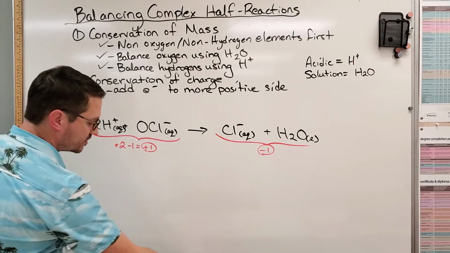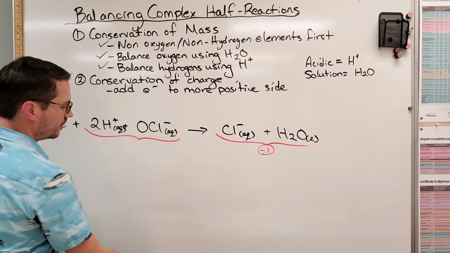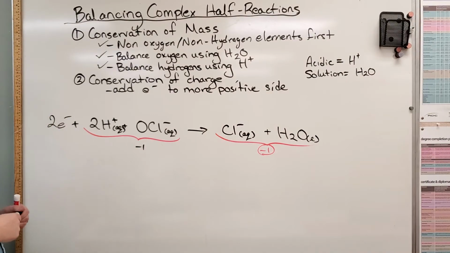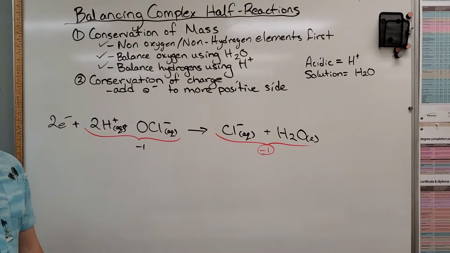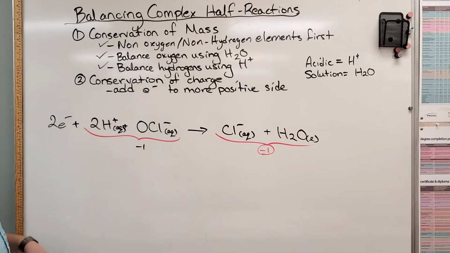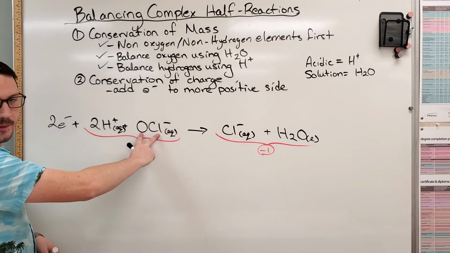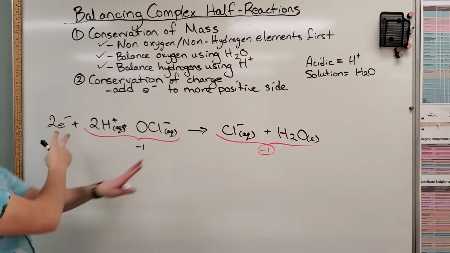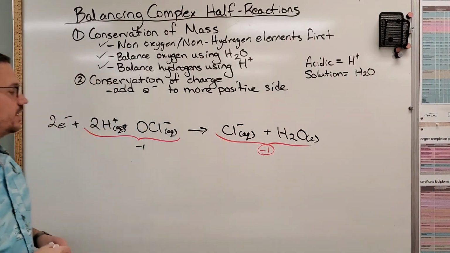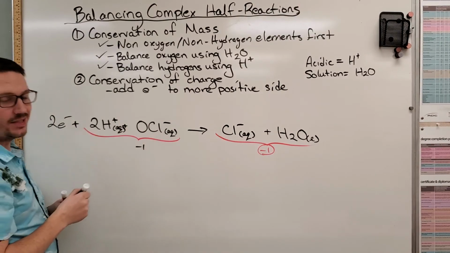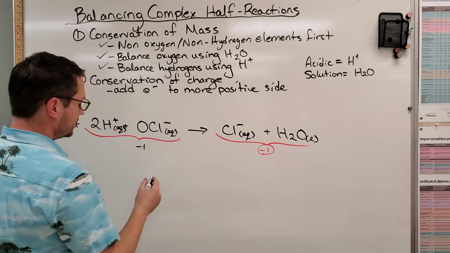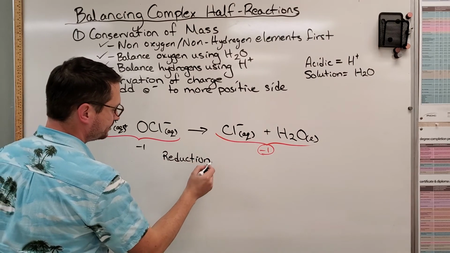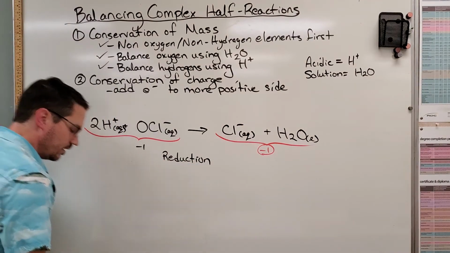Now my total charge is not plus 1 over here, it's minus 1, and so the charge is balanced. Is this oxidation or is this reduction? Well, the thing that I'm starting with, my reactant, is adding electrons to it. It's not giving away electrons, so it's gaining electrons. So this is a reduction half reaction.